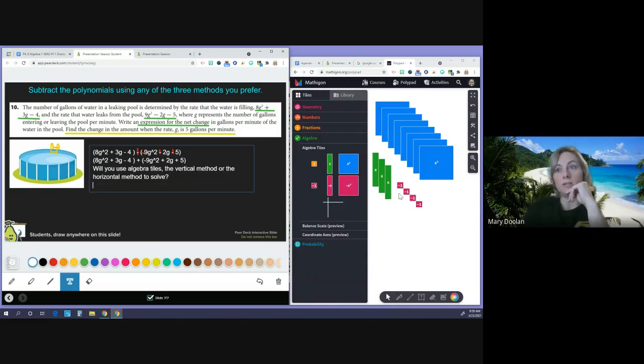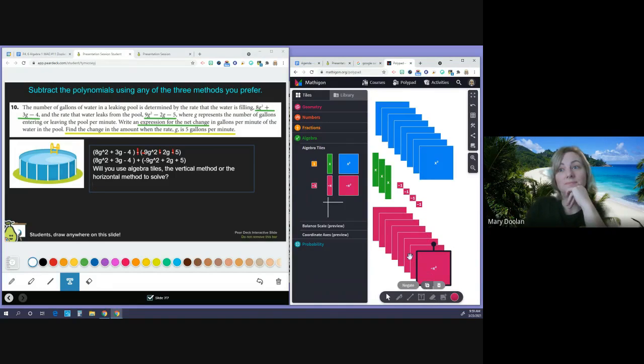For the algebra tiles, there's the first polynomial, and now I know the second one that I'm adding is negative 9g squared, so I need 9 of these here. It's easy to lose count too. One more. 2g's and 5 1's.